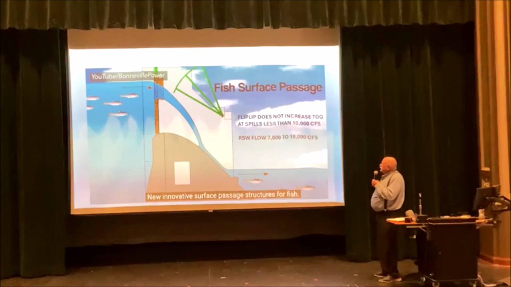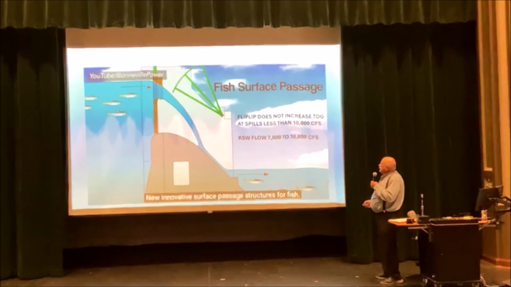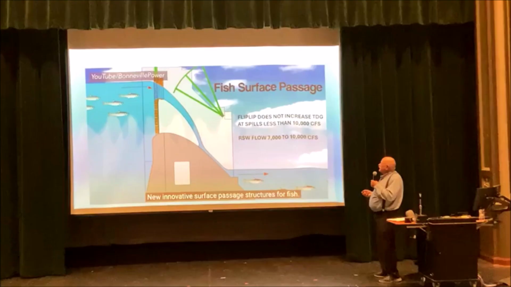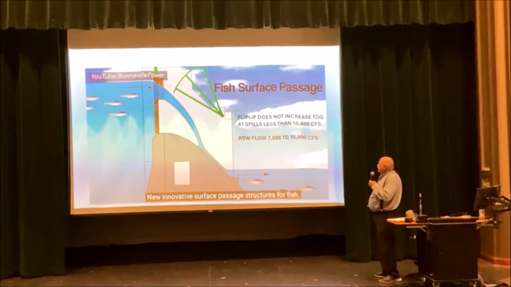Okay, how does it work? I wanted to point out, this is what a flip lip looks like. One of the other things that's been done here is to develop surface bypass so that you can bypass fish over the spillway without that water plunging down to depth and being supersaturated. The surface bypass is designed to operate at Lower Granite, Goose, Monumental, Ice Harbor, at between 7 and 10,000 cubic feet per second.